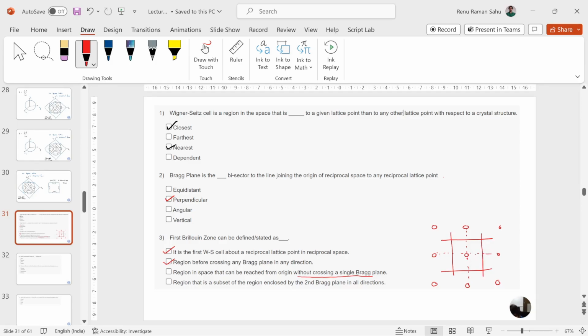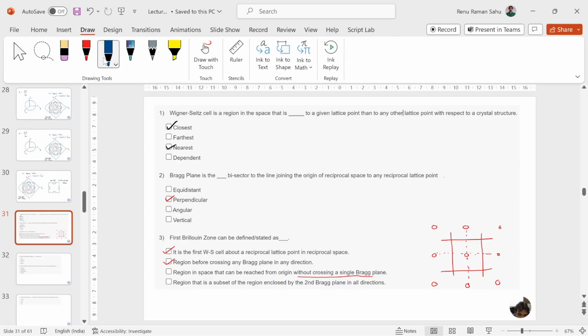Now you have to set those areas which you can travel without crossing any Bragg plane. These are the four Bragg planes. Now this is what you have chosen as origin. Now you go across all the regions without crossing any of the Bragg planes. If you don't cross any of the Bragg planes, you will basically end up covering all this square region, isn't it? This is your first Brillouin zone.